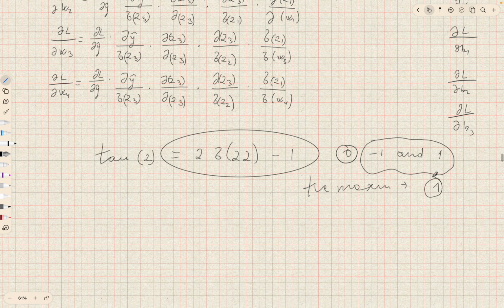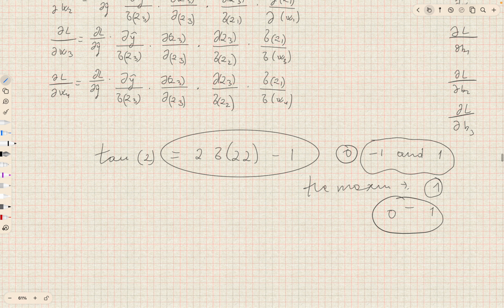But still, the maximum derivative is 1, and between 0 and 1 the derivative is smaller. And the thing here is that we still have the vanishing gradient problem, even though we have mitigated it.